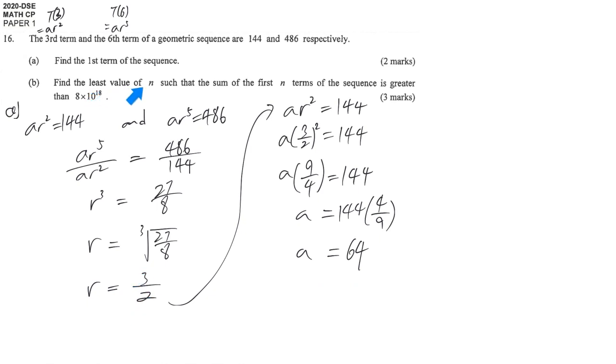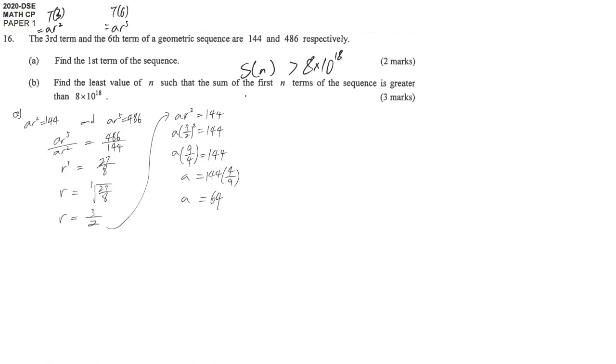Finally, they ask for the least value of n. The key point is the requirement, such that the sum of first n terms, so we are talking about Sn, is greater than this amount. Strictly follow the requirement here: given that Sn is larger than 8 times 10 power 18.